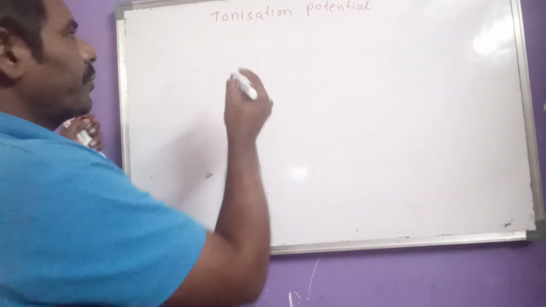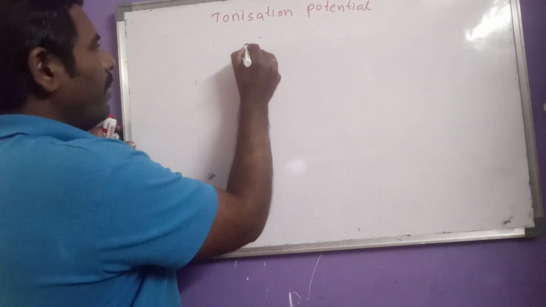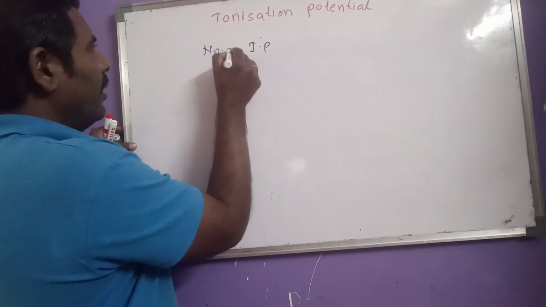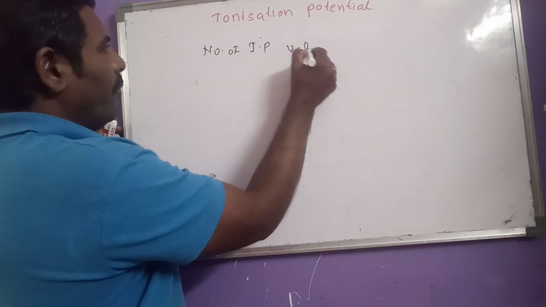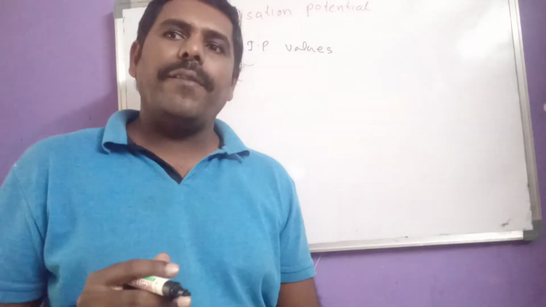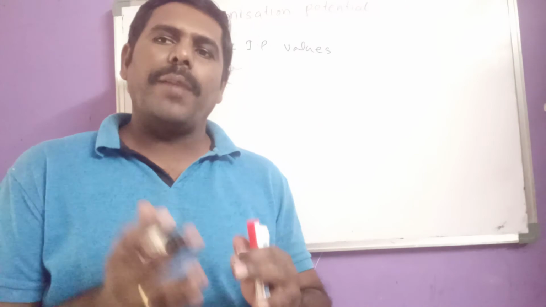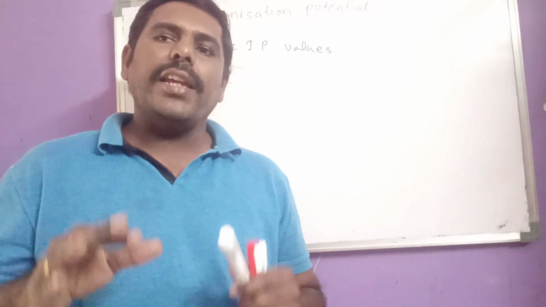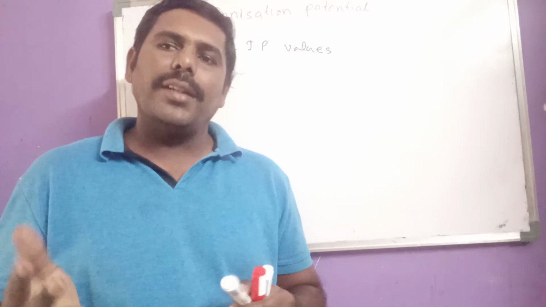See here. How many IP values are possible for one atom? That means IP1, IP2, IP3, like that. That is nothing but equal to its atomic number.